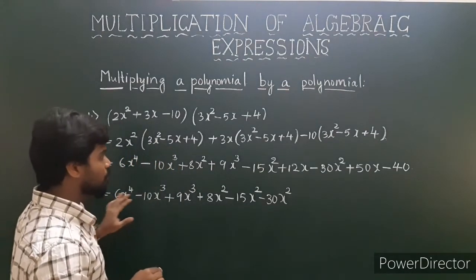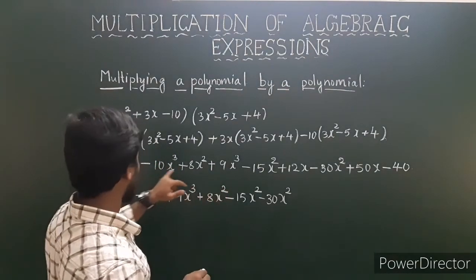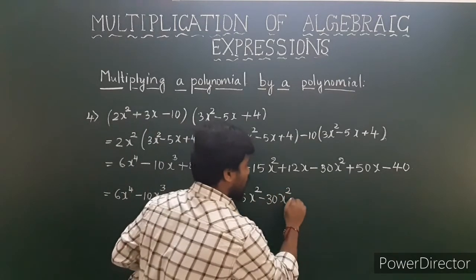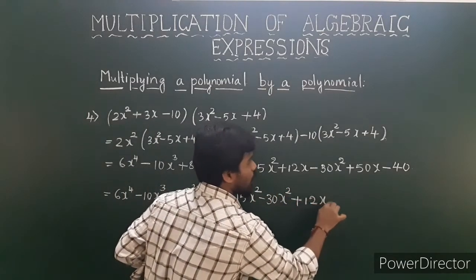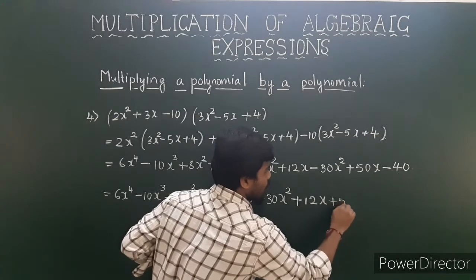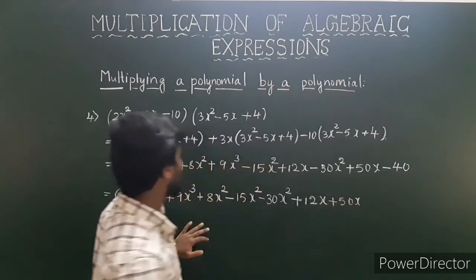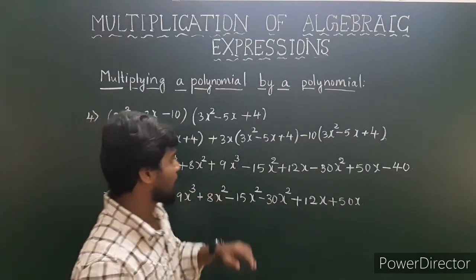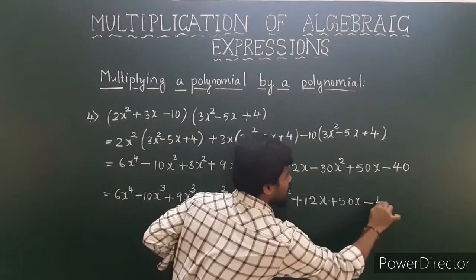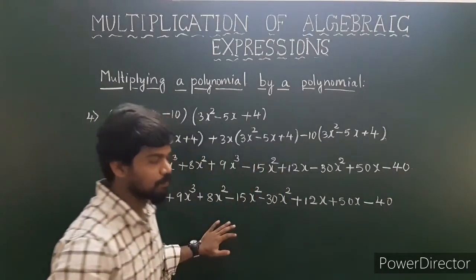So next, you take x terms. You have plus 12x and plus 50x, and we have one more constant term, so that is minus 40.